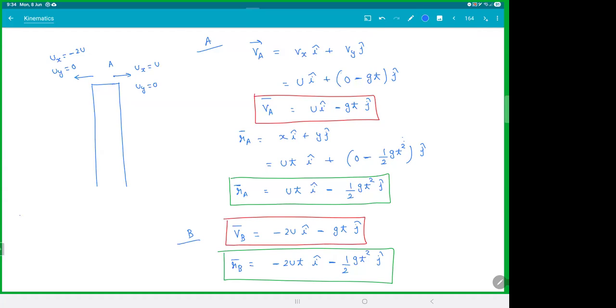Great. First question: VA bar is perpendicular to VB bar. So VA bar dot VB bar is equal to 0. These are two different questions. Do the dot product. I'll use the red color so it will be easy to figure out.